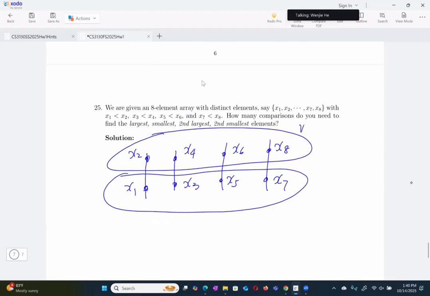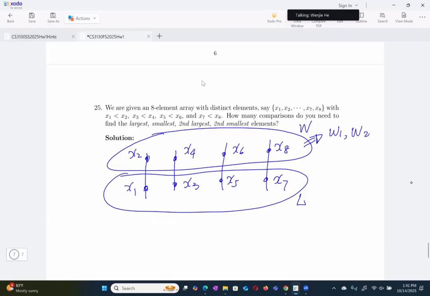Let's say W group and L group. Then largest, second largest, smallest. First, let's look at finding the largest and the second largest in the winners group. I call it W1 largest, W2 second largest in the winners group.